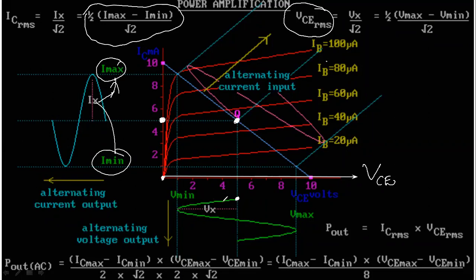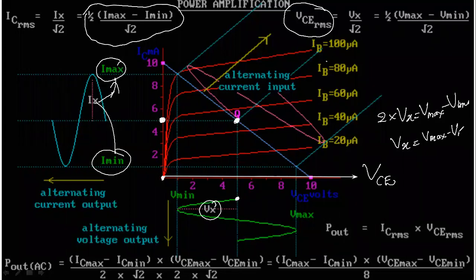Referring to this sinusoidal signal, assume the peak value is Vx. Then 2 times Vx equals Vmax minus Vmin, so Vx equals Vmax minus Vmin divided by 2.